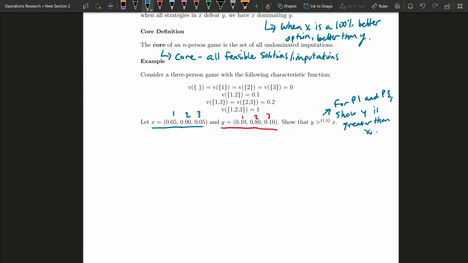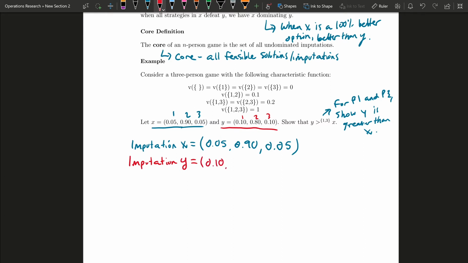So let's start off by writing out these imputations here. We have imputation X is equal to 0.05, 0.90, and 0.05. And then we've got imputation Y is equal to 0.10, 0.80, and 0.10.